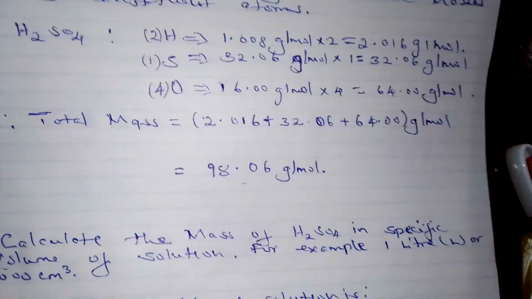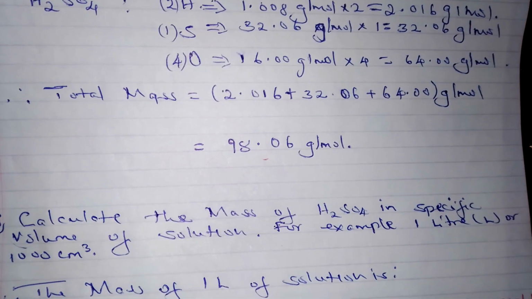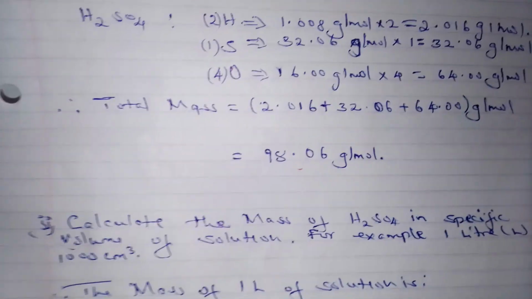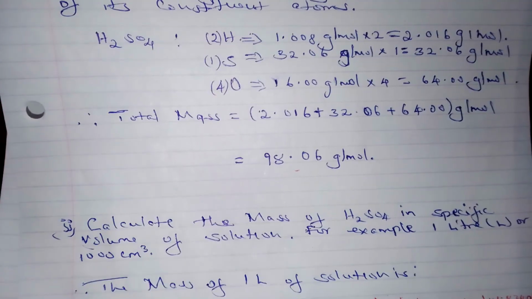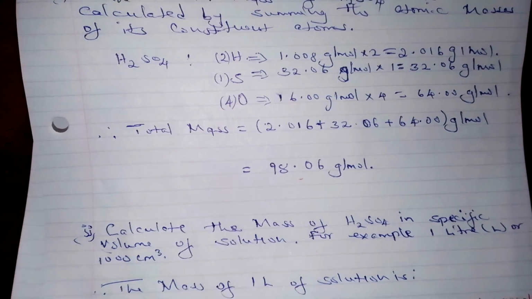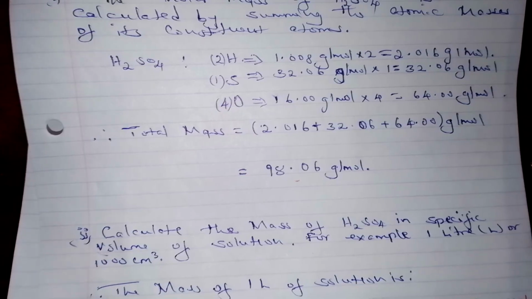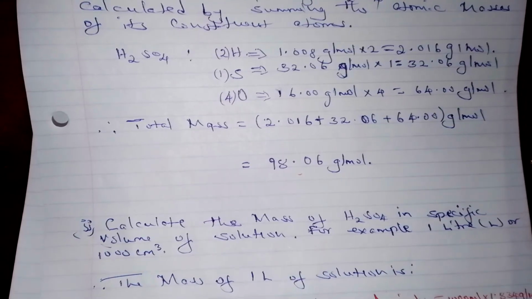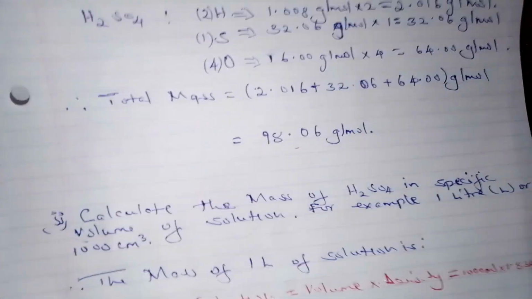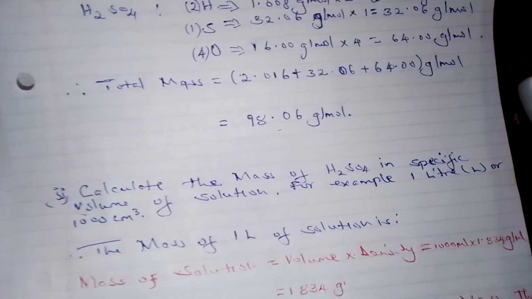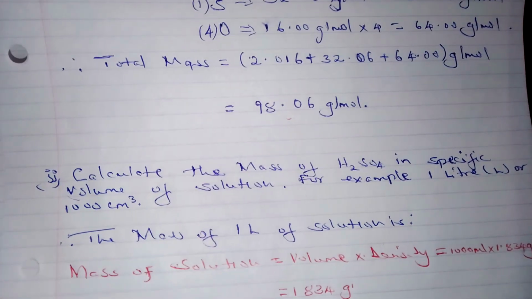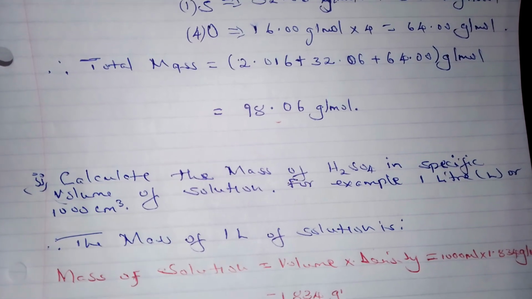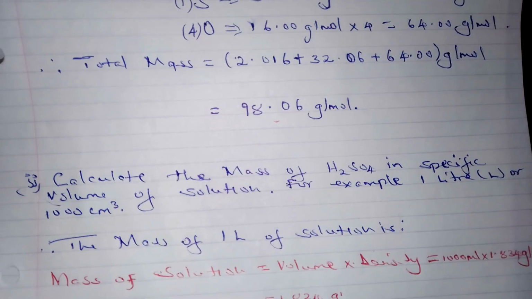Then step 2, you are supposed to calculate the mass of sulfuric acid in a specific volume of solution, for example in 1 liter or 1,000 cubic centimeters.